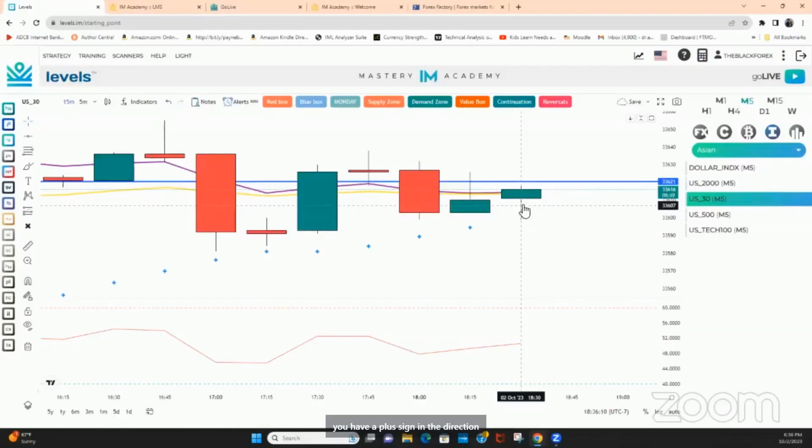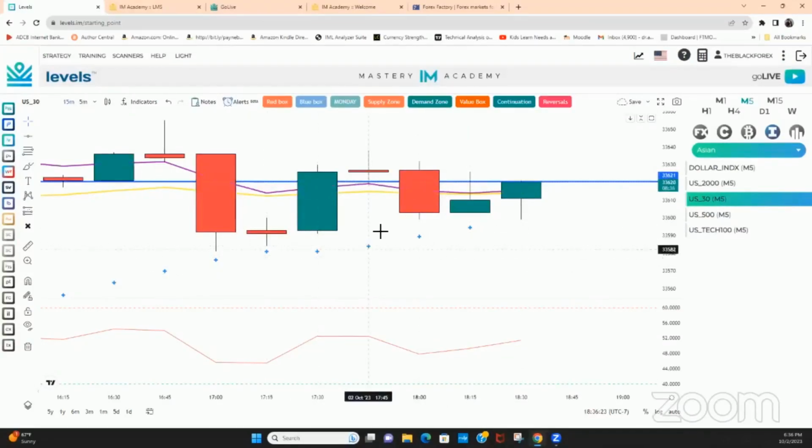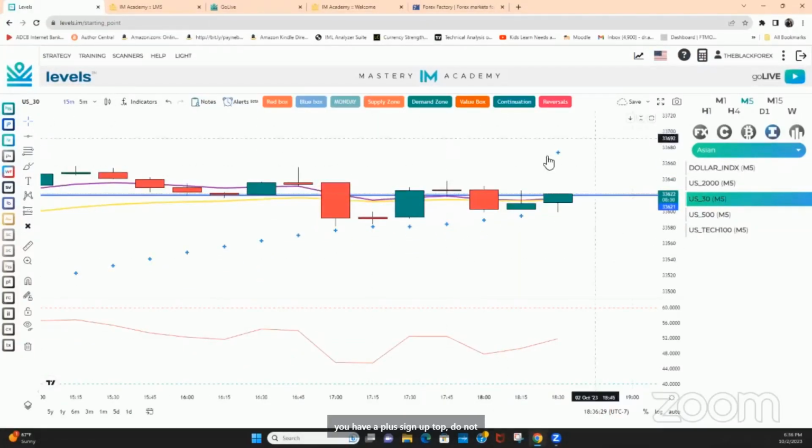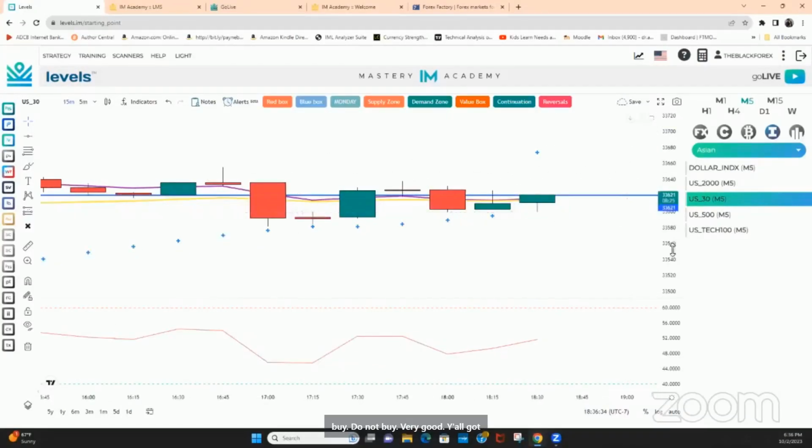If you have a plus sign in the direction of that candle, you hold up. If there's a plus sign at the bottom, it means do not what? Come on, fast. Do not sell. If you have a plus sign up top, do not buy. Very good. Y'all got it.